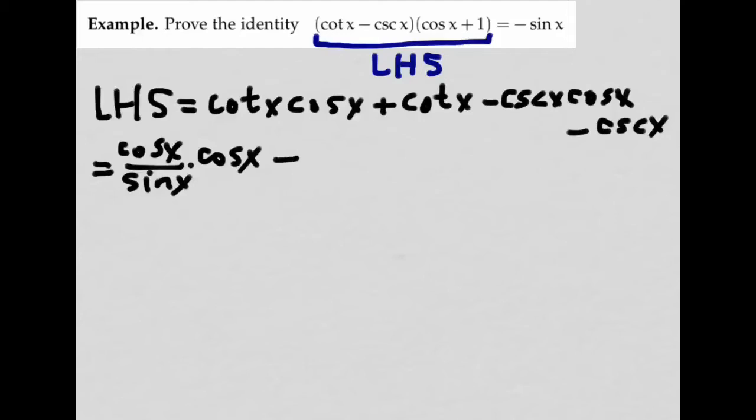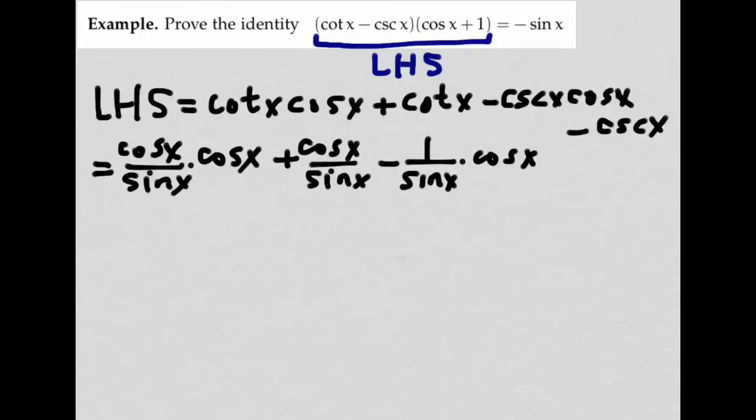Cotan x is again cosine x divided by sine x minus cosecant x is 1 over sine x times cosine x. And finally, minus cosecant x, we'll write that as minus 1 over sine x.